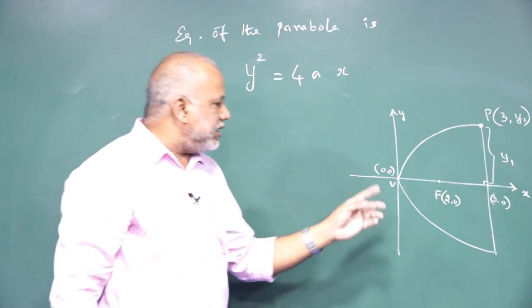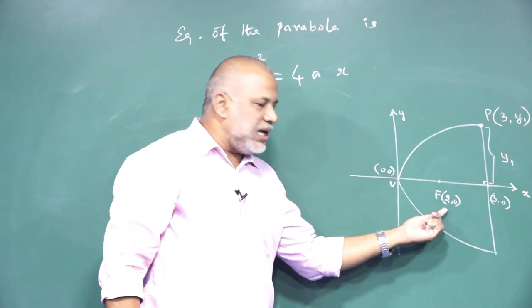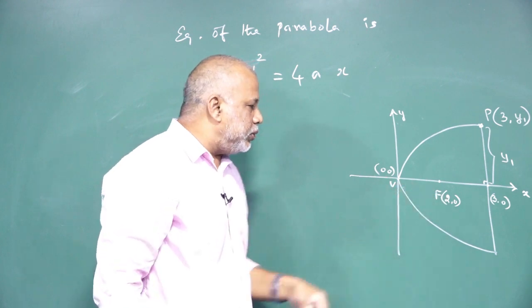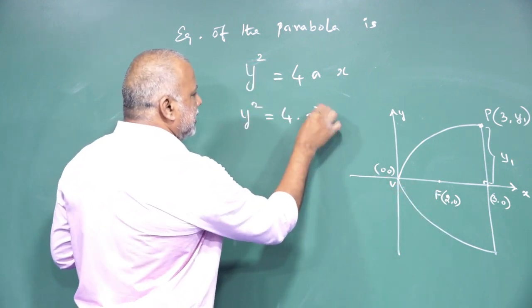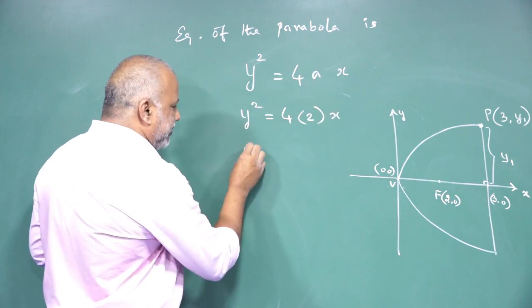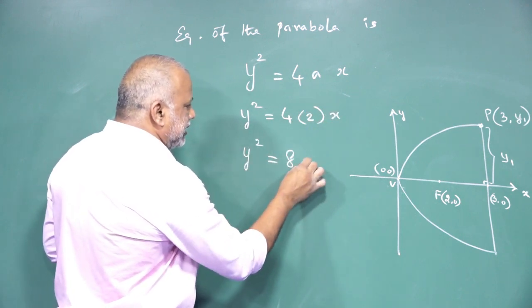Here a is the distance from the vertex to the focus, that is 2 units, which we already worked out. So y squared equal to 4 into 2, therefore y squared equal to 8x.